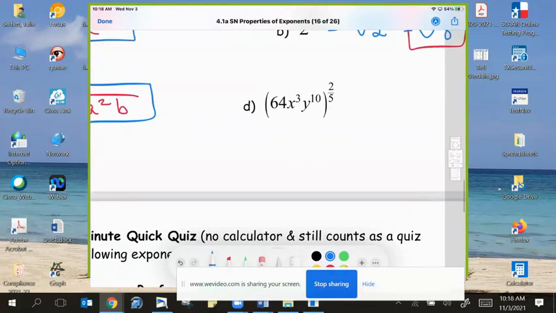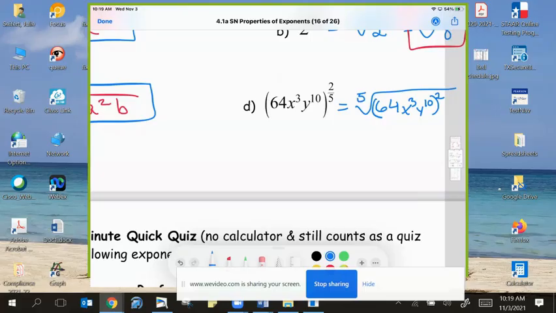On part D, we have 64 x to the third, y to the 10th, all raised to the power of 2 over 5. Okay, so we'll take the fifth root of 64 x to the third, y to the 10th, and all of that is squared.